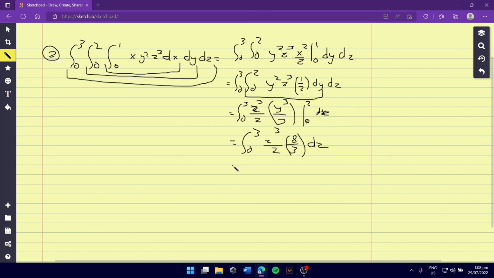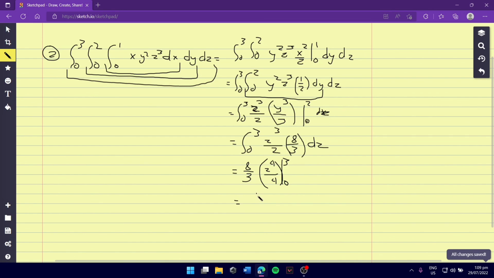So solving for the last term, since this is constant, we put it in front, before the integral. The integral of z cubed is equal to z to the fourth over 4, with limits from 0 to 3.